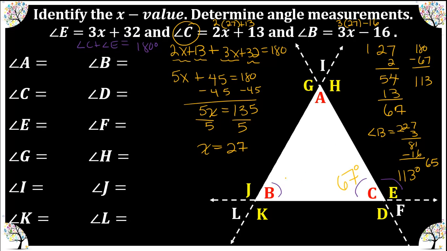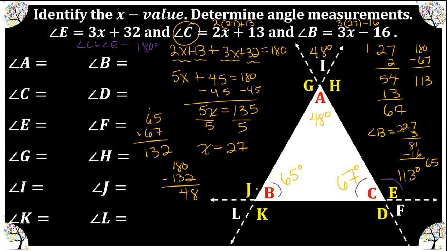So angle B is 65. Now we can add B and C and then subtract from 180 to get A because our triangle is 180 degrees. So we have 65 plus 67 is 132. We're going to subtract, and we get 48 degrees.